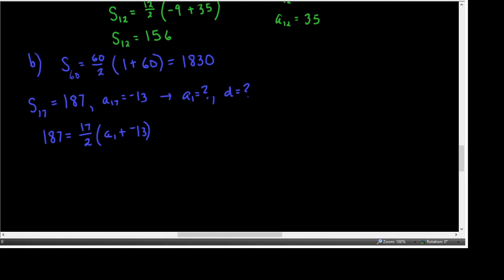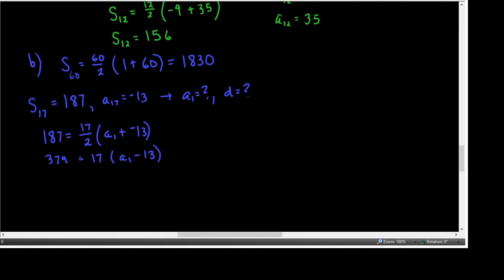If that's true, then we should be able to solve for a sub 1. First I'm going to multiply both sides of that equation by 2. I'm using my calculator to make sure I don't make any mistakes. So that's 374 equals 17 times a sub 1 minus 13.